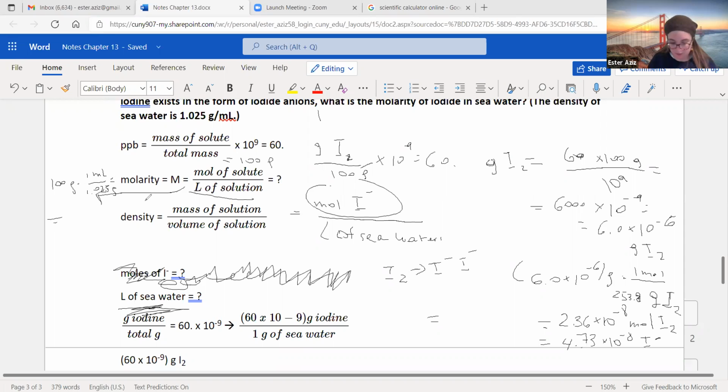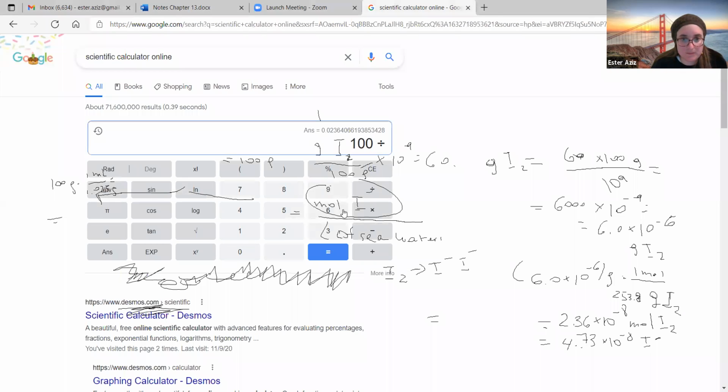So let's do that calculation. 100 divided by 1.025. So 97.56.